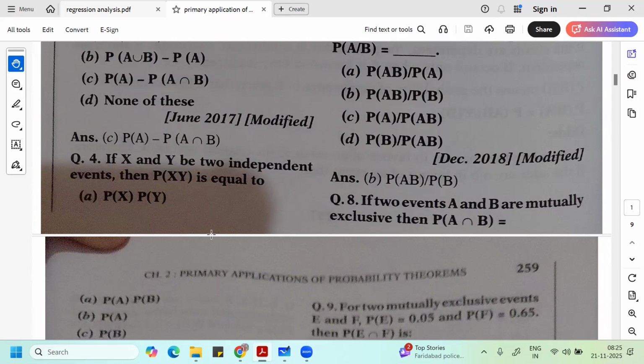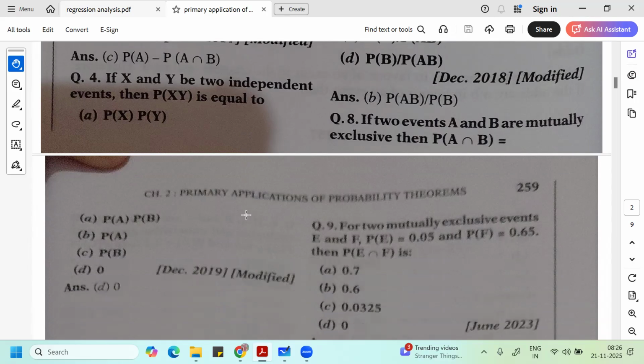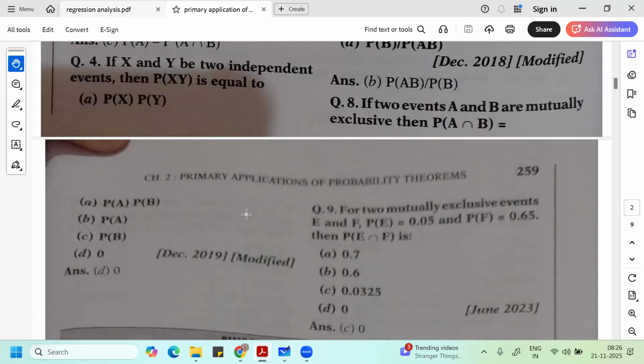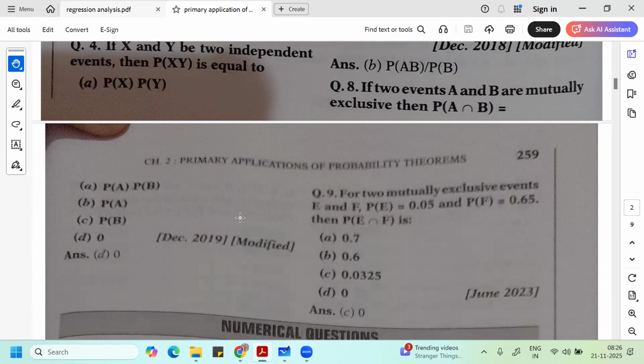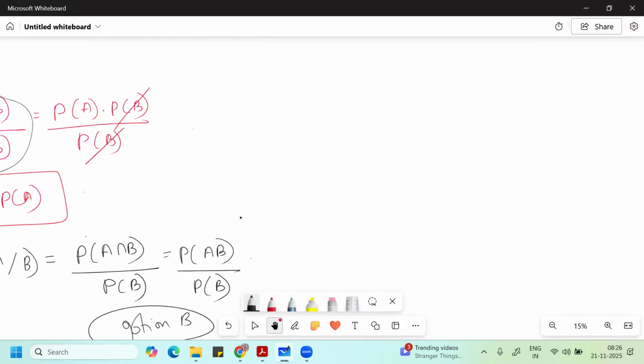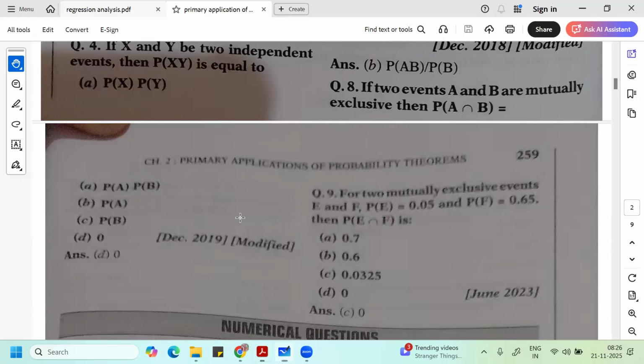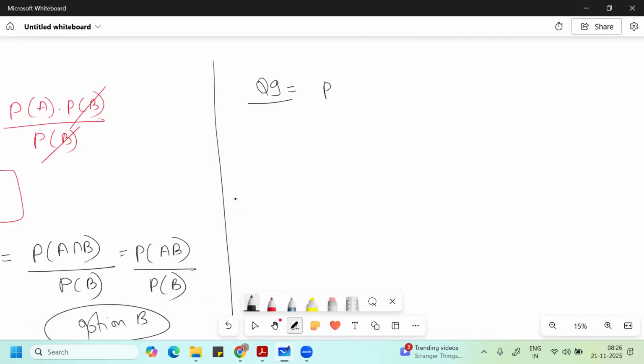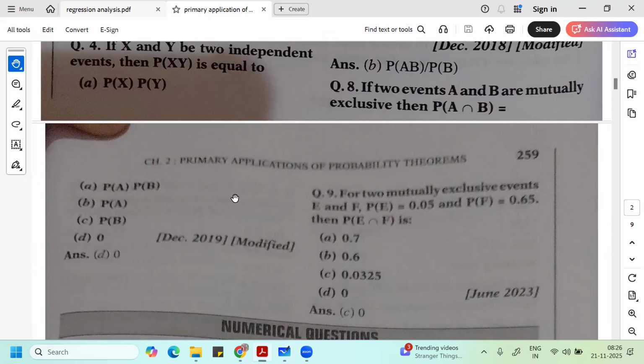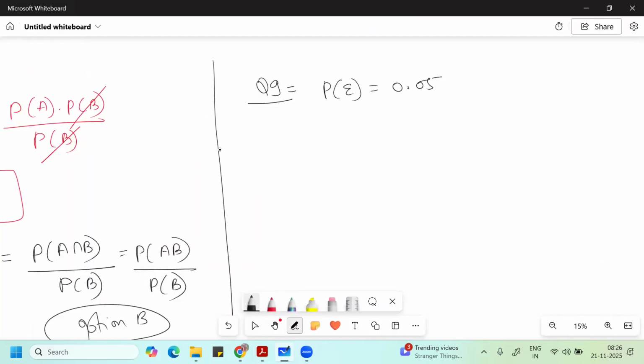Question number 8. If two events A and B are mutually exclusive, then it means A intersection B will be equal to 0. Option D. Question number 9. Suppose there are two mutually exclusive events, probability of E is equal to 0.05, and probability of F is equal to 0.65.